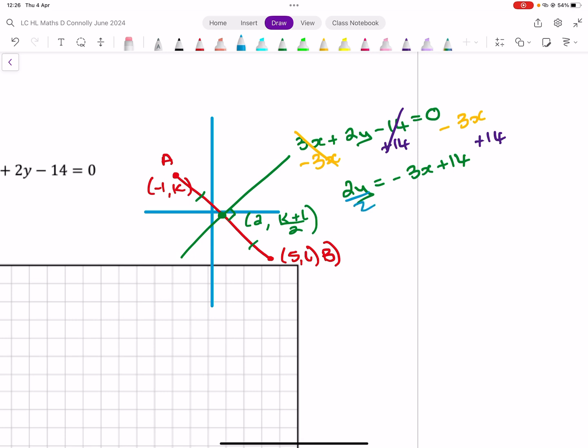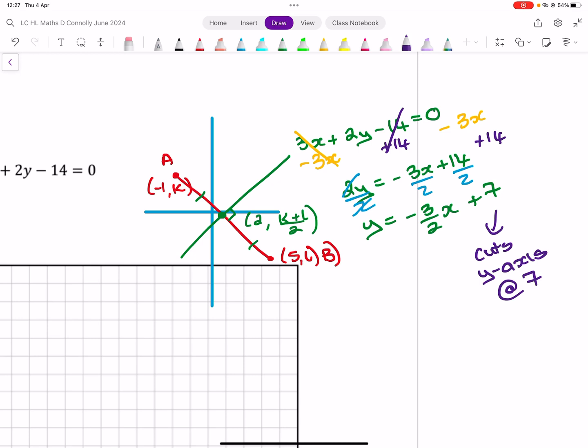And then divide by 2, divide by 2, divide by 2. So y is minus 3 over 2 x plus 7. So I've obviously drawn it wrong because it cuts the y axis at 7. And then this is the slope.